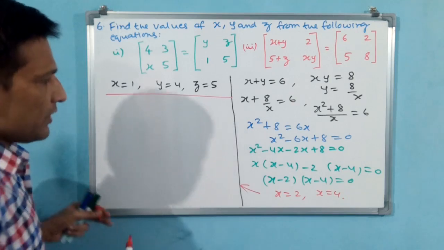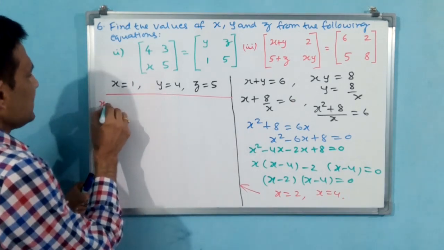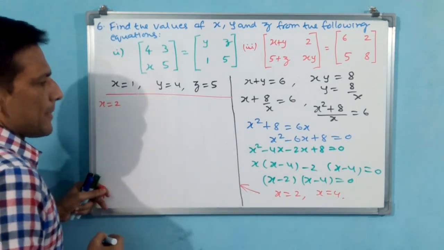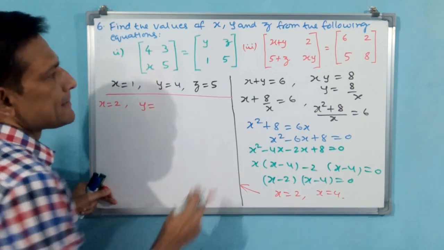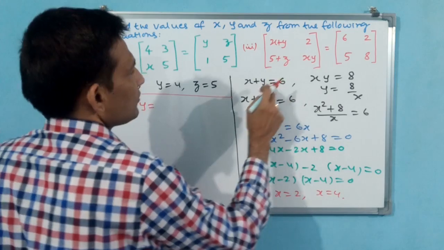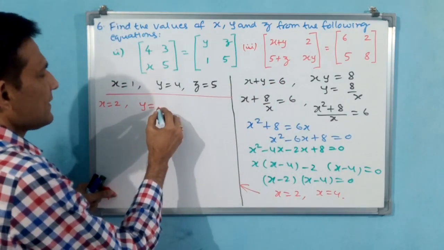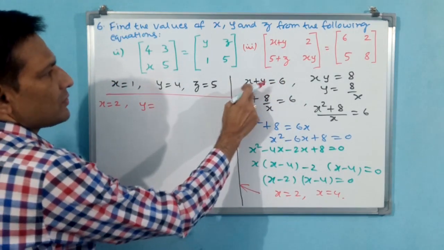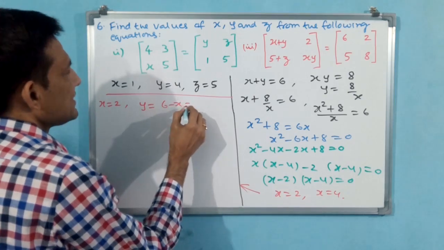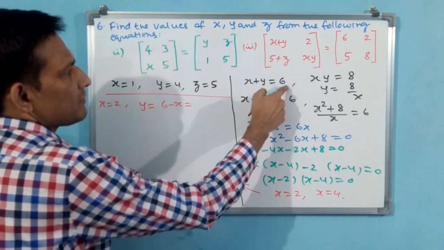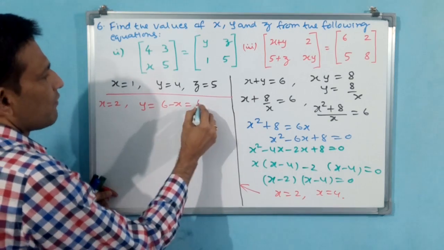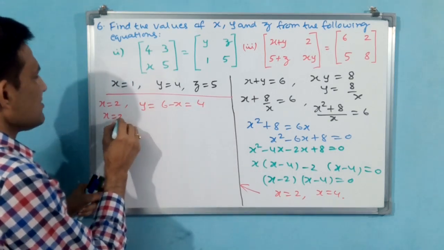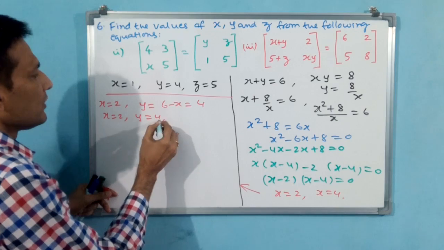We will do it in two cases. When x is equal to 2, y is equal to, see here x plus y is equal to 6, then y is equal to 6 minus x. That means 6 minus 2, 4. That means when x is equal to 2, y is equal to 4.